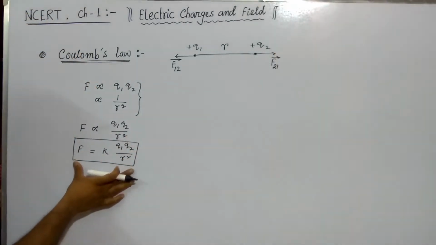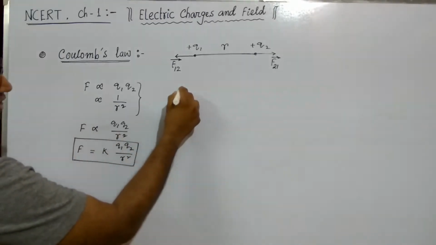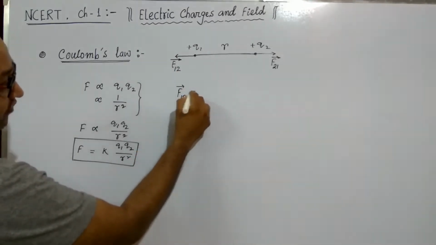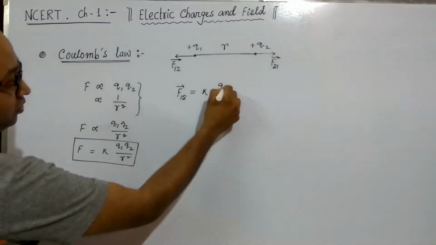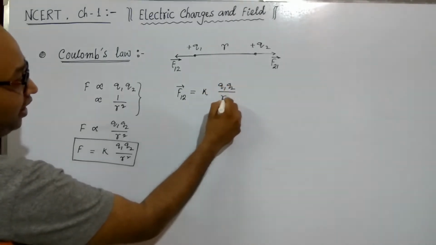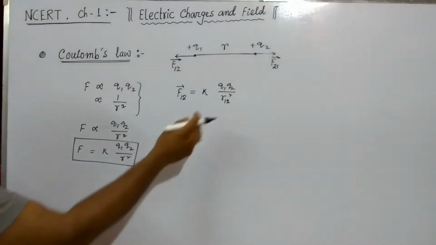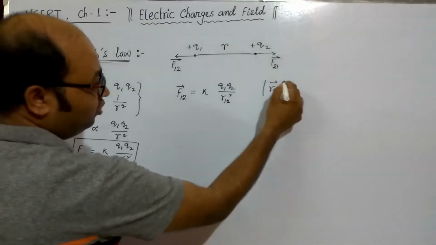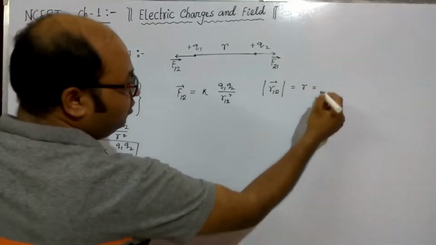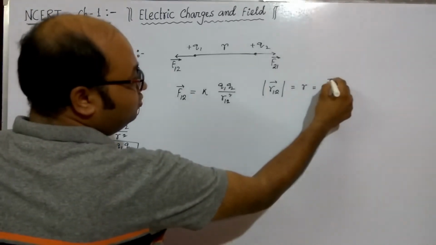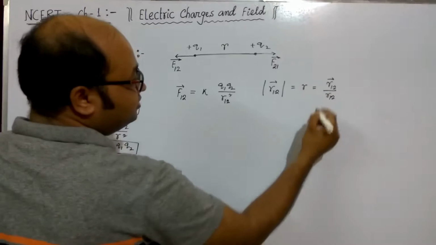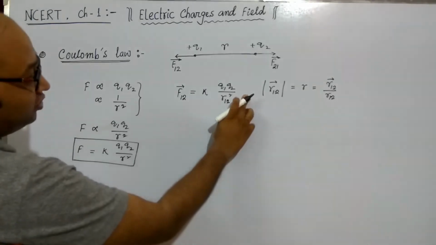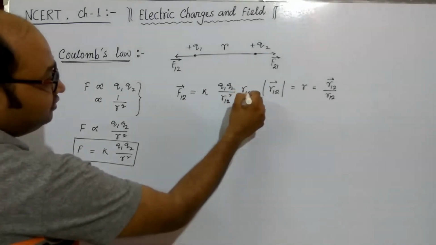Now, if we write this equation in vector form, then we can write F12, the force on Q1 due to the charge Q2, equal to K into Q1 Q2 by R12 square, multiplied by the unit vector r cap 12, which is vector R12 divided by the modulus of R12. As there is a vector sign on the left hand side, there should be a vector on the right hand side also, and the direction is R12.